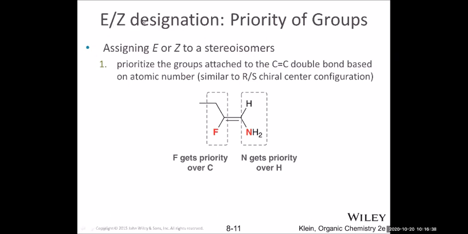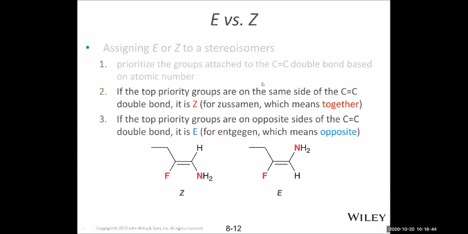It can deal with cases where the carbon in the double bond is not attached to hydrogen. If the two high priority groups are on the same side of the double bond, this is designated Z. Z comes from the German zusammen, meaning together.